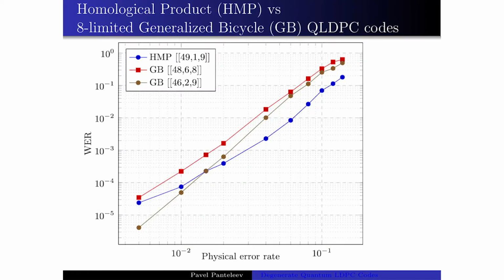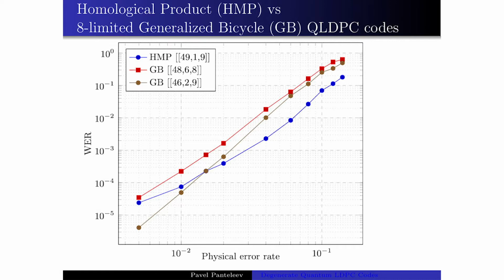Okay. We also compare our codes with homological product codes, and we see that this class of generalized bicycle codes is quite good, because we have a script that you just need to run, and you can find codes that are better than all the small codes known to us in the literature.